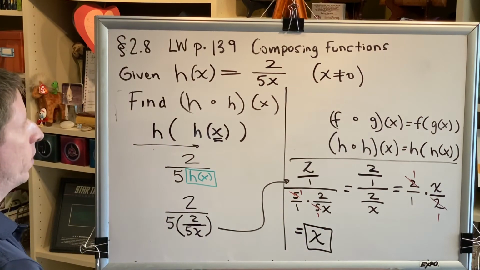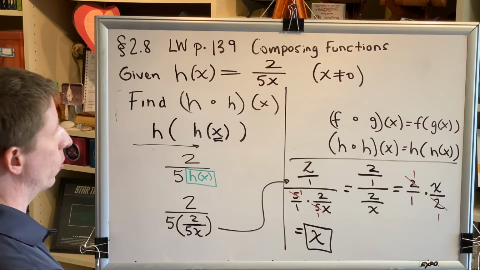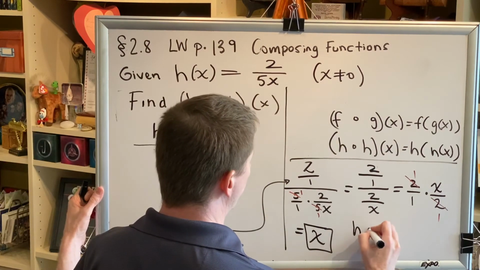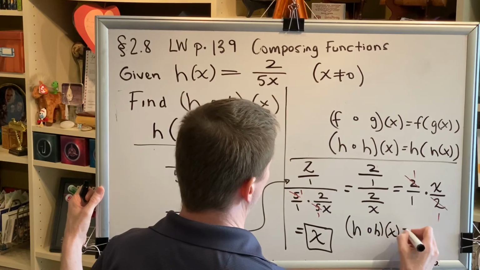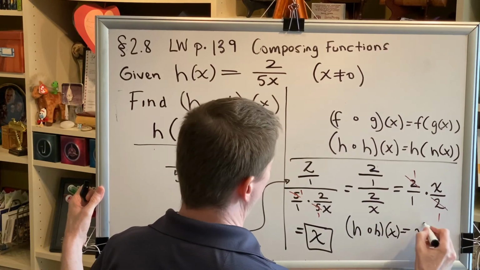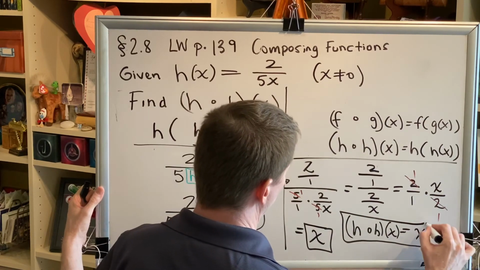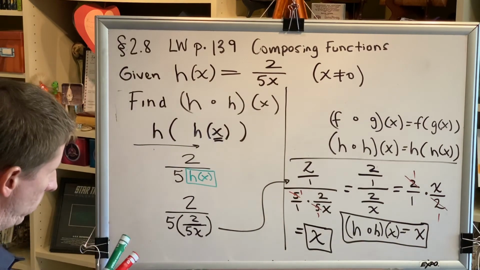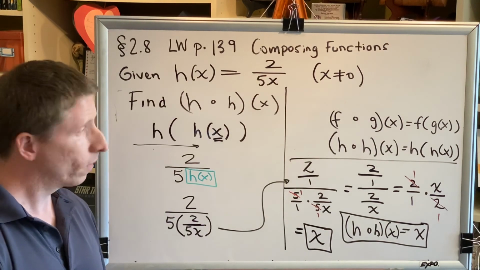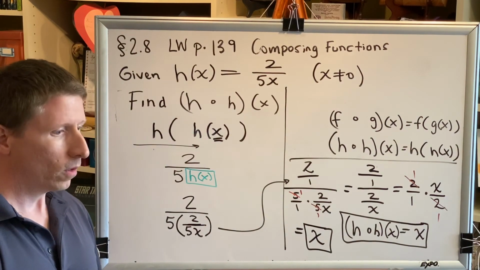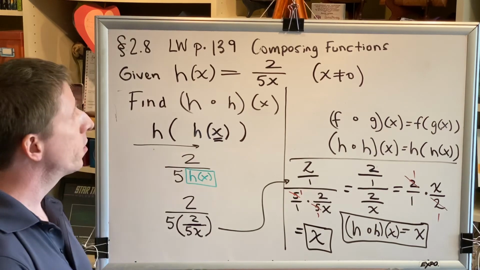So the answer of this question is x. Or if you prefer, you can write h composed with h of x equals x. That concludes the ALEX problems for this topic.